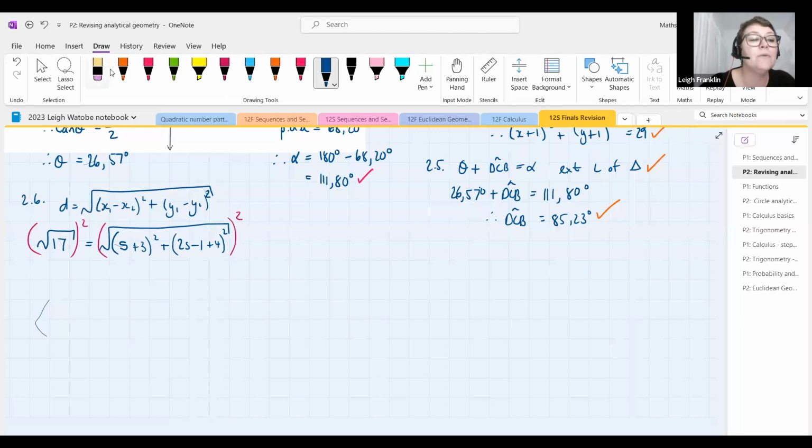Okay, so on the left-hand side, we have 17. And on the right-hand side, we've got S plus 3 squared, plus 2S plus 1 minus 4, which simplifies to 2S minus 3, squared.